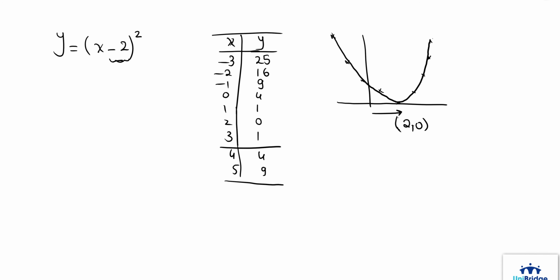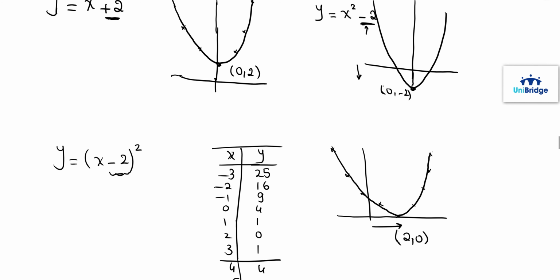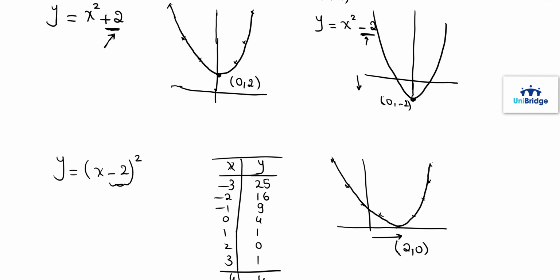And using the same logic, if you try to get y equal x plus 2 all squared, right? It doesn't have to be 2, definitely. It could be anything. Because if you put plus 2, it's going to move to the left because this is inside the bracket. If it was outside, like in this case, it moved up 2 units.